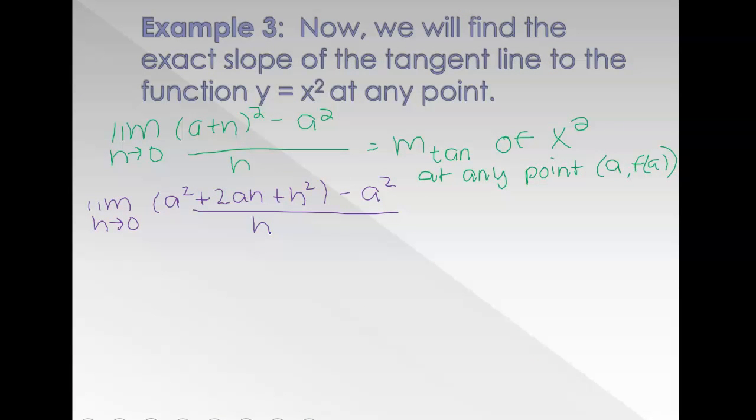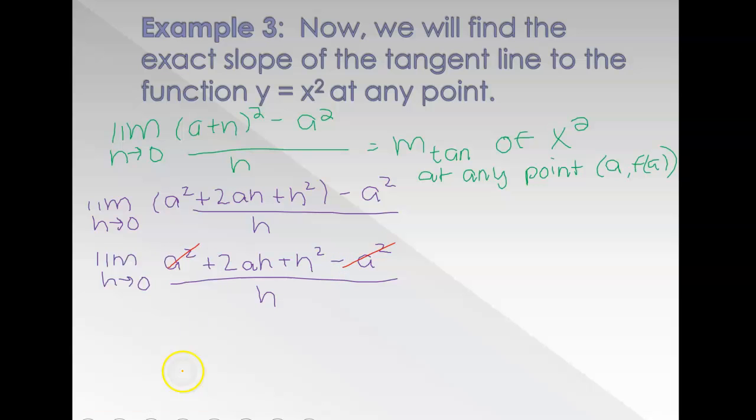Okay. So then going back to this, we have the limit as h approaches 0 of a squared plus 2ah plus h squared minus a squared all over h. Cancel out the a squared and the a squared.